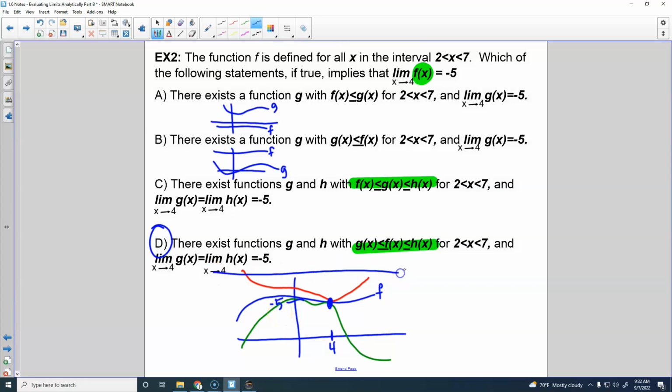Obviously, I need to put my axis up here somewhere, not down there at the bottom. It's a bad picture. But f is in the middle. We know both the limit of g and h give us negative 5, so f would also have to be negative 5 in that case. So that's the type of AP Classroom problem that you'll see. Questions on those?